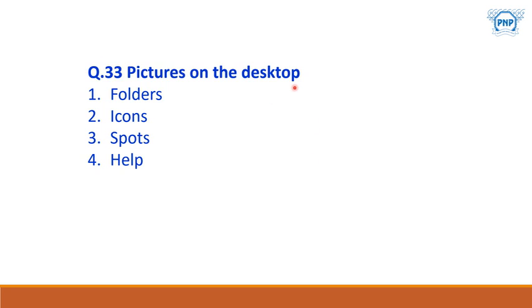Pictures on the desktop, we have already seen what they mean, are called icons. They are meant for a particular software or file, so that we can easily identify what is in that particular file or folder.